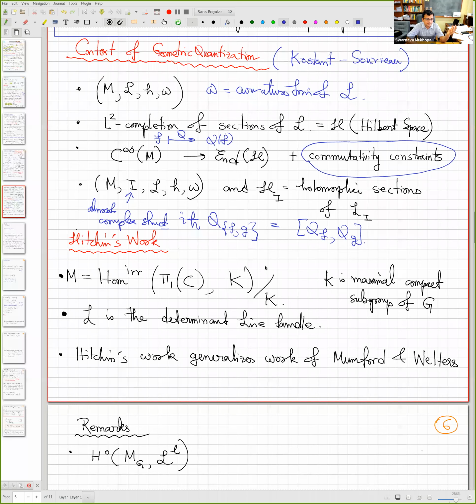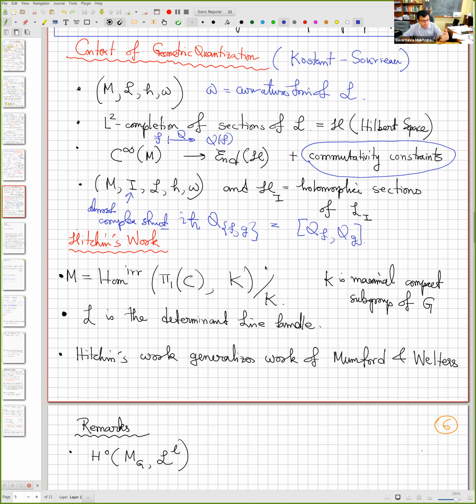One looks at the fundamental group, and then at homomorphisms from the fundamental group of C to the maximal complex subgroup of K, and then I take the conjugacy classes of that. So that's the character variety. And this is exactly also the same as the moduli space of G bundles. On the character variety, there's a line bundle, which is known as the determinant line bundle. This can be constructed directly, using the Quillen metric and so on.